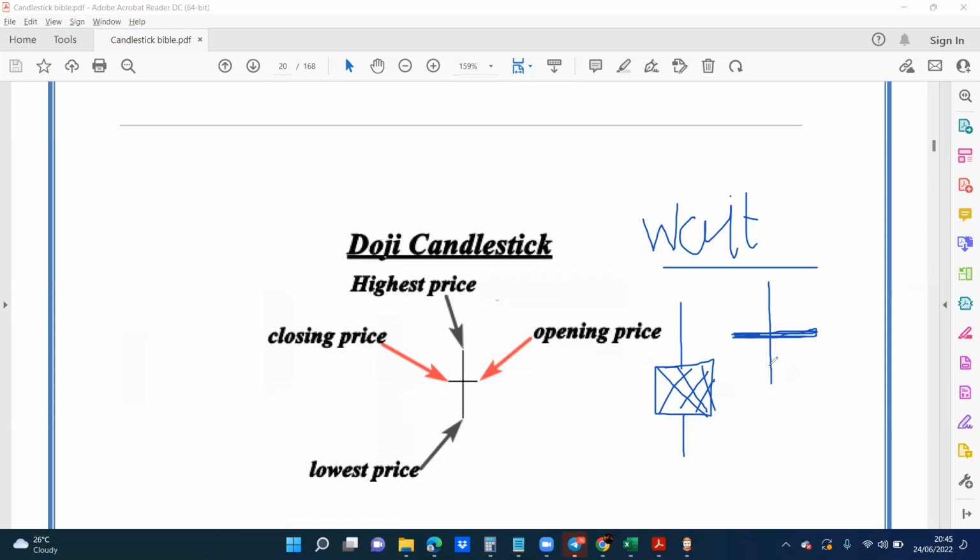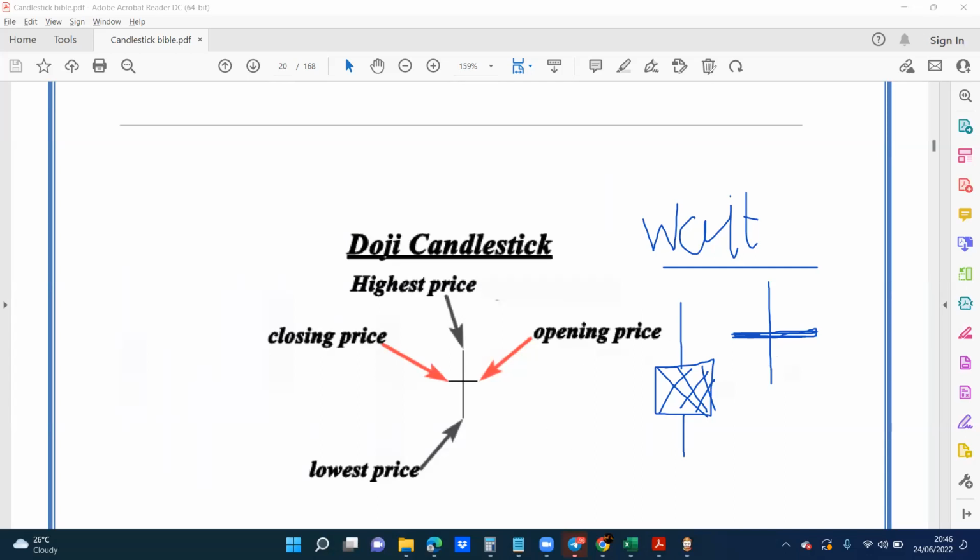So when buyers and sellers have evened out in the market, you and I, retail traders, we shouldn't get involved. We simply wait, allow the tug of war to take a direction, and then we get in and follow the crowd, follow the winning guys.